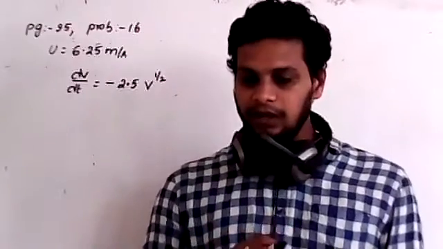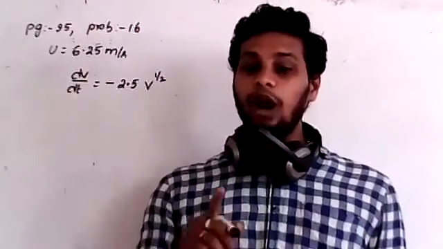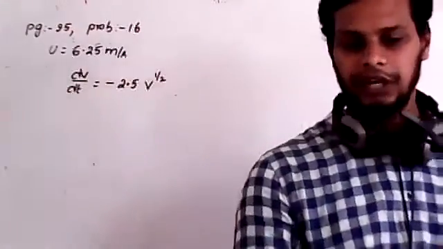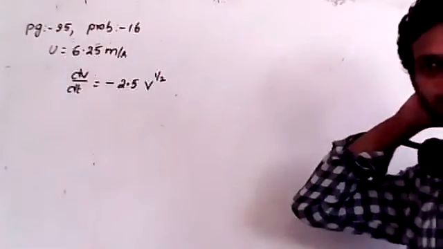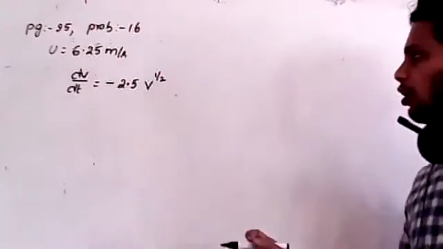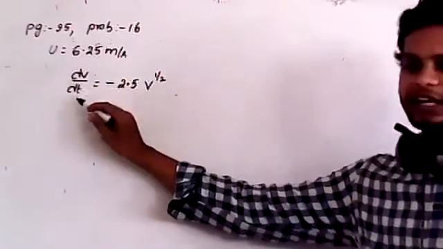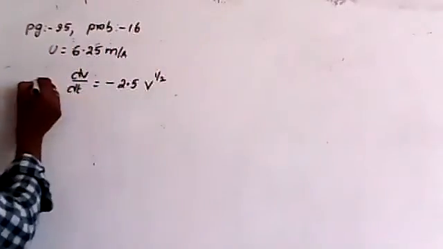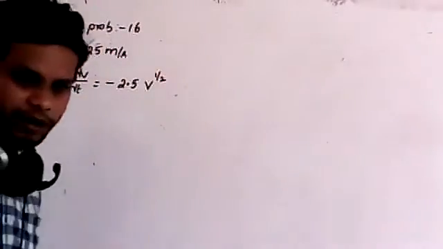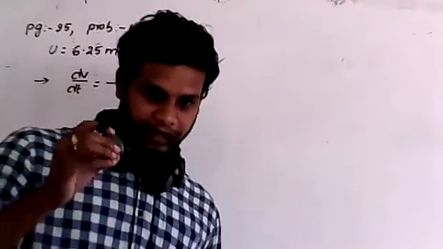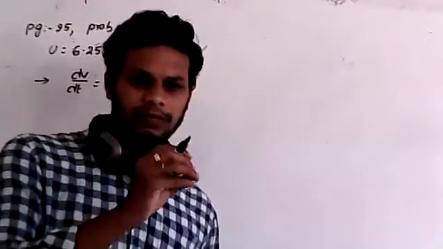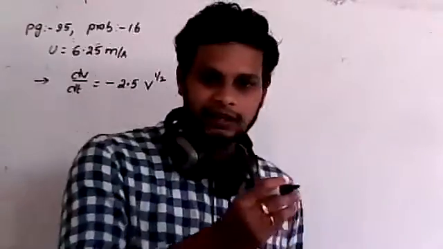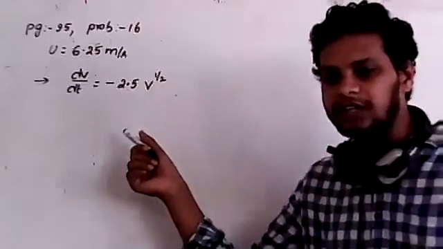Now what are they asking in the question, where v is the instantaneous speed? The time taken is what we have to find out. We have dv by dt and we need the time t. How do we find the time t?